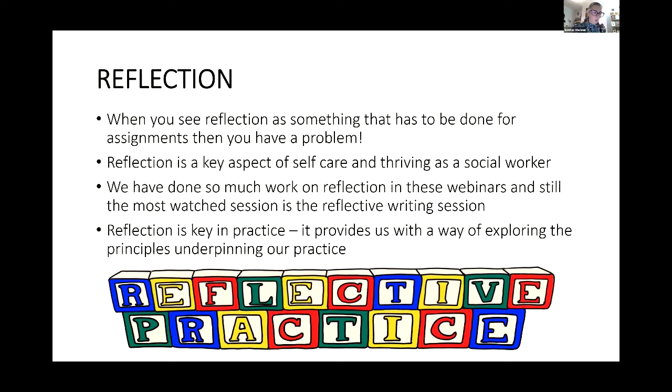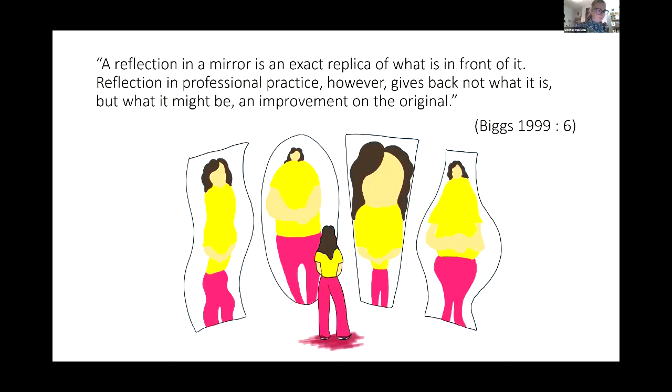This is one of my favorite quotes about reflection from Biggs, written at the turn of the century. So, more than 20 years ago, but it's a brilliant quote still. Biggs says, reflection in a mirror is an exact replica of what's in front of it.